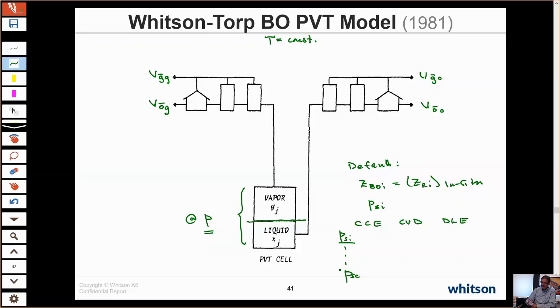Okay? As many pressures as you'd like. So basically a monotonically decreasing pressure. But what if this initial saturation pressure was 100 bar? That means we don't know anything about saturated properties of oil or gas phase above 100 bar.